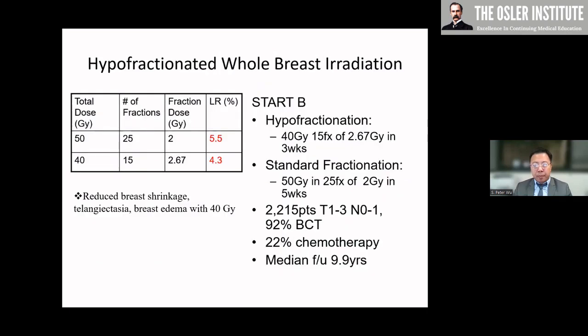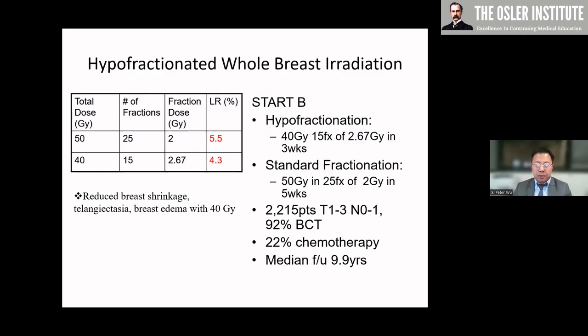START B, more often adopted here in North America, involves a hypofractionated regimen of 40 gray in 15 fractions at 2.67 gray in 3 weeks, and a standard fractionation comparator arm. Again, we see numerically higher recurrence rates in the 50 gray arm versus the 40 gray arm, and there is reduced breast shrinkage, telangiectasia, and edema with 40 gray.